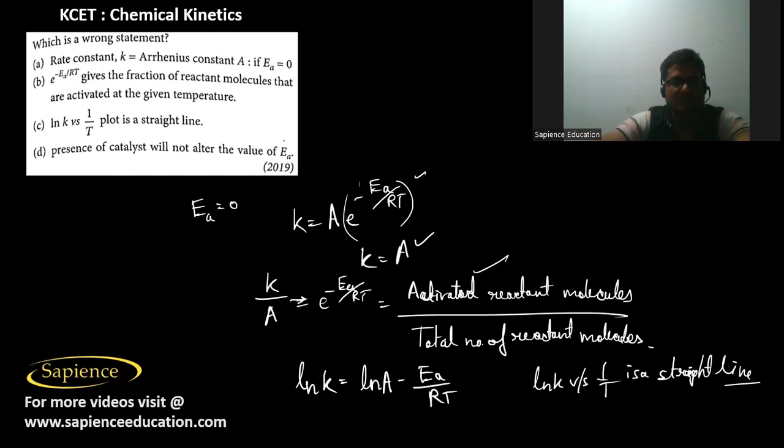Since if a catalyst is present, it will change the value of the activation energy. It will actually decrease the value of the activation energy so that the reaction can happen faster. So option D is the wrong statement, so it is the correct answer.